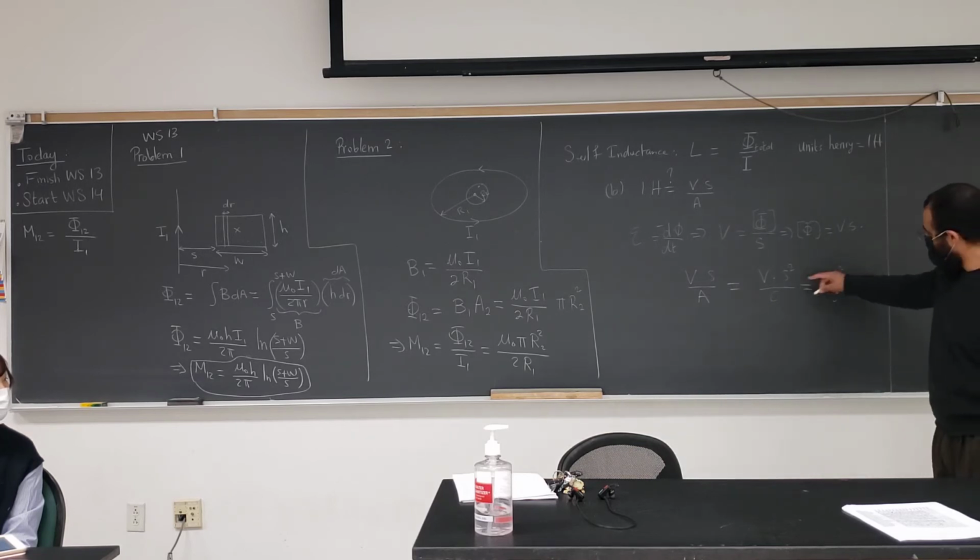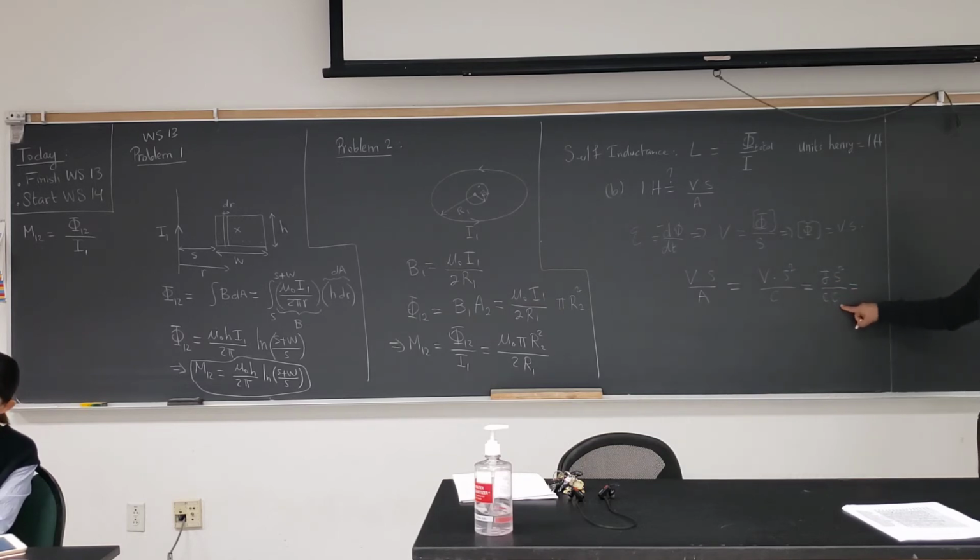So coulomb times coulomb is coulomb squared, second squared. Instead of coulomb squared per second squared, which is an ampere squared, you have the inverse of that, an ampere squared on the bottom. Which is a joule per ampere squared. So that verifies D.